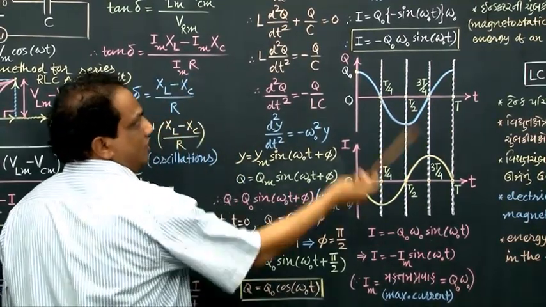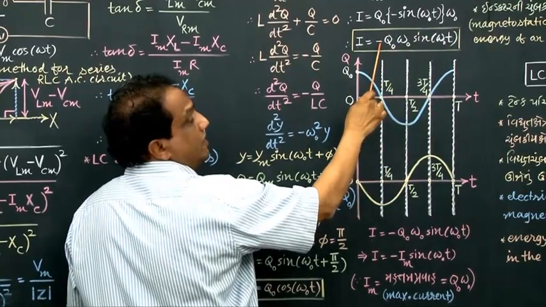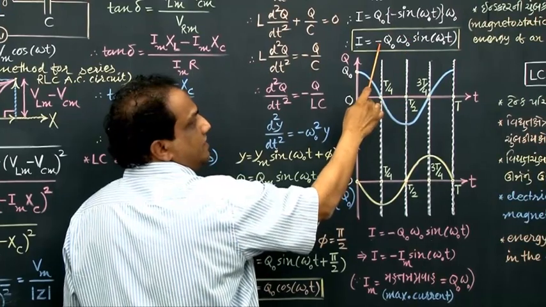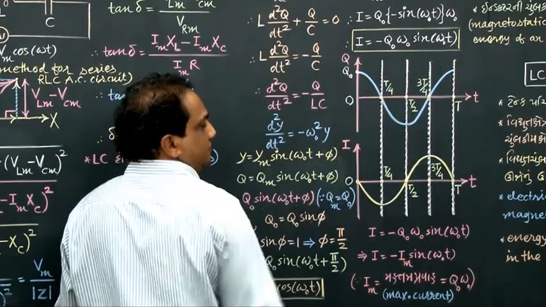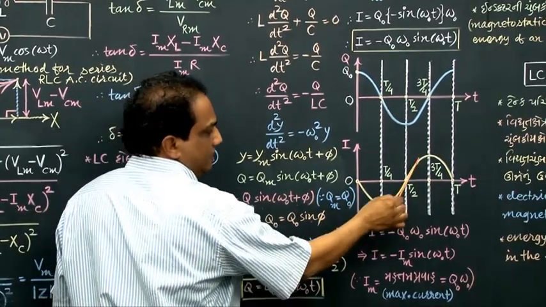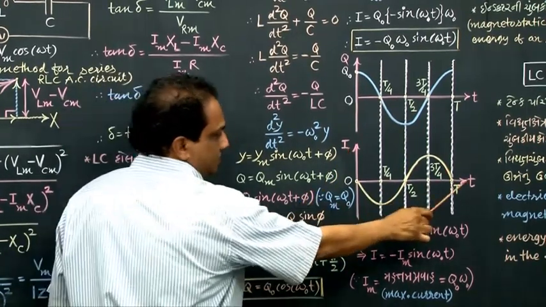What about the graph of I versus t? It will be an inverted graph of the sine function, because there is a negative sign. It is like this, correct? This is the graph of I versus t.